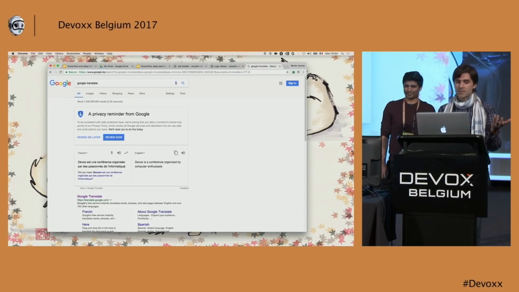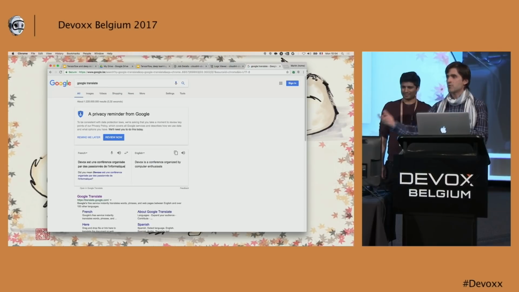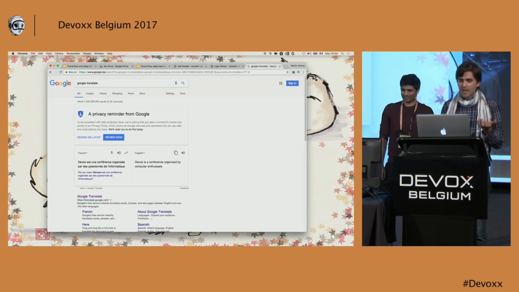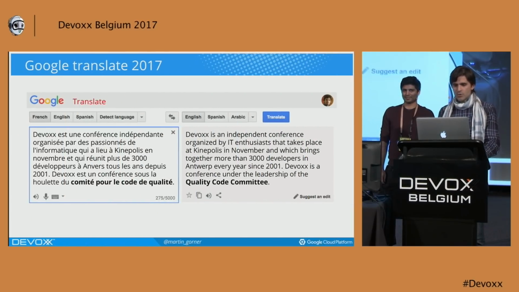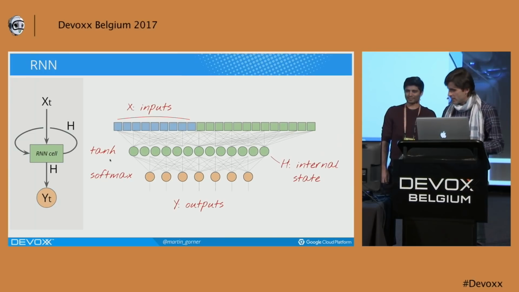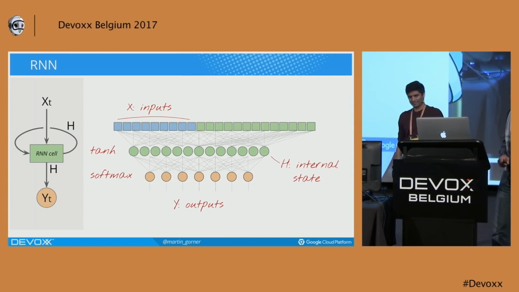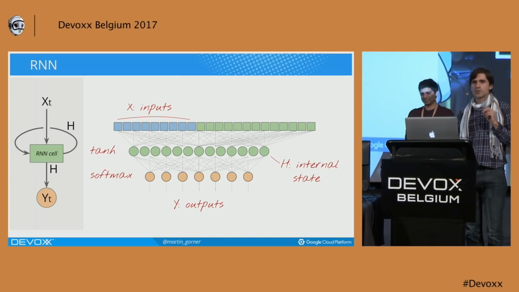It even translated passionné de l'informatique, which is how you say this in French, into a completely different expression, which is computer enthusiast, which is how you say this very specific thing in English. And this is down to, of course, more data and more work and so on. But mostly, these advances come from better neural network architectures.